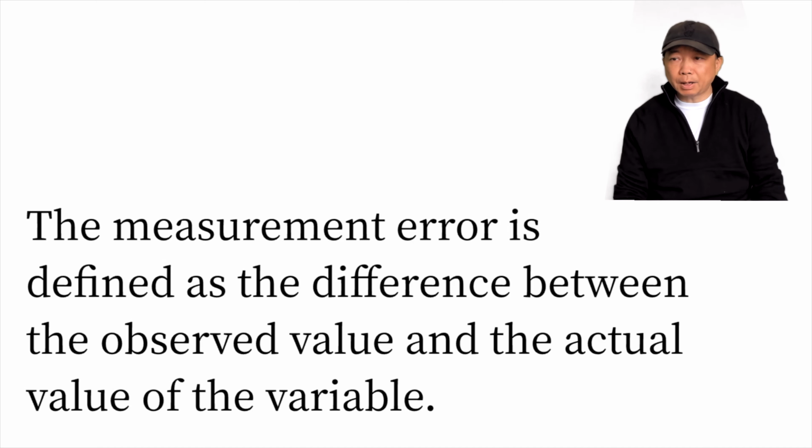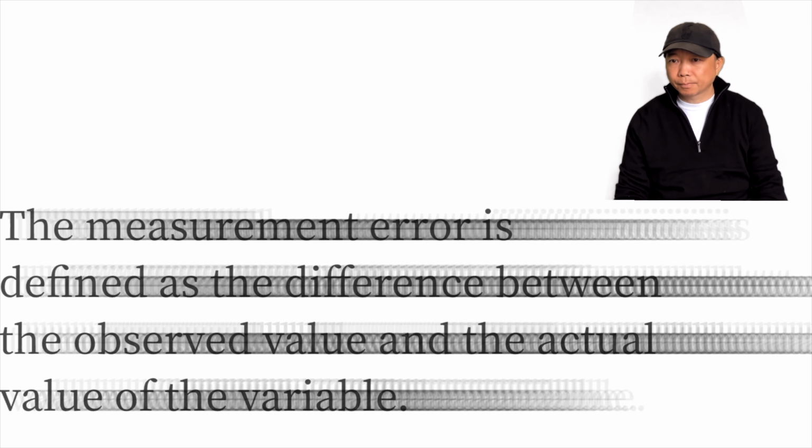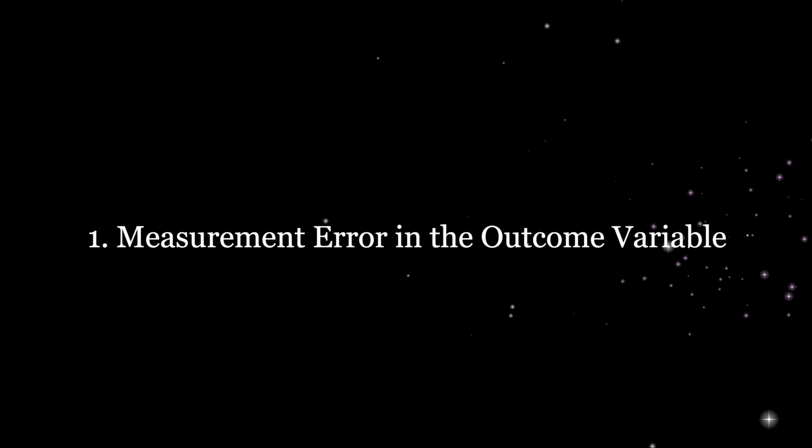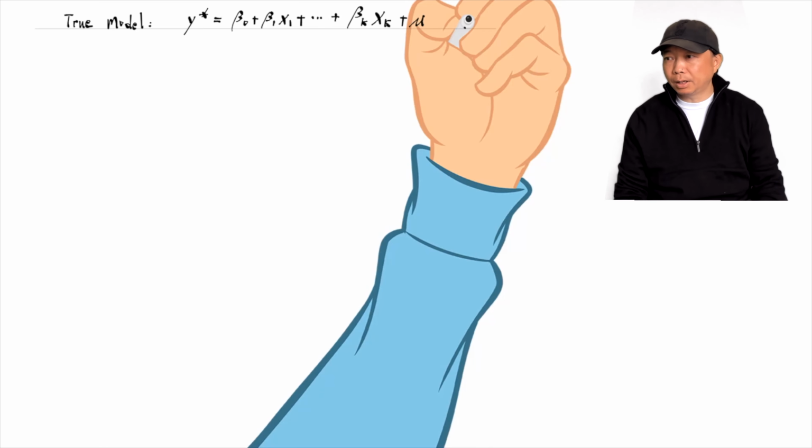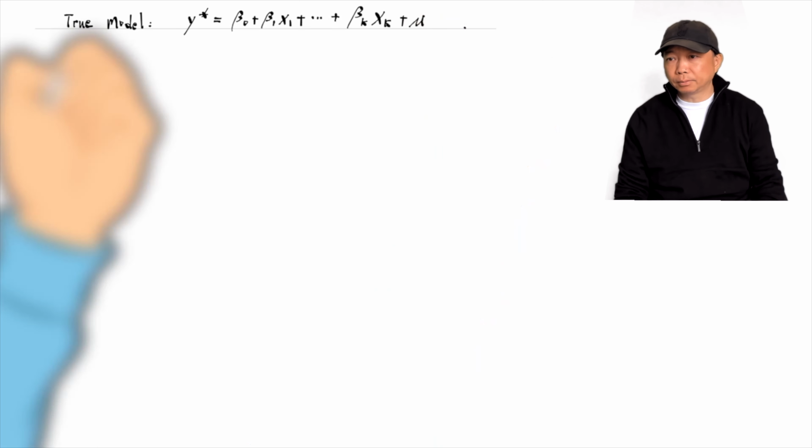We will first examine the consequences of measurement error in the outcome variable for ordinary least squares estimation. Here's the scenario where only the outcome variable is measured with error. Let y star denote the true outcome variable in our model.